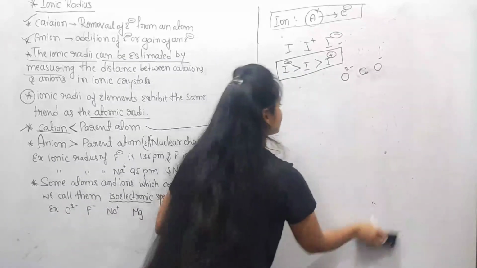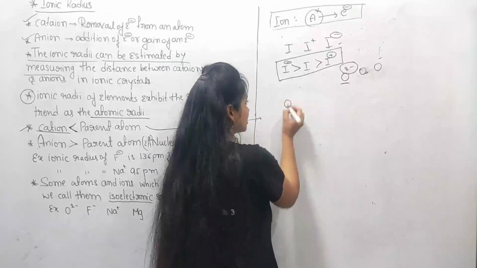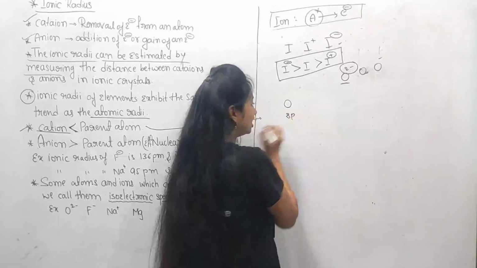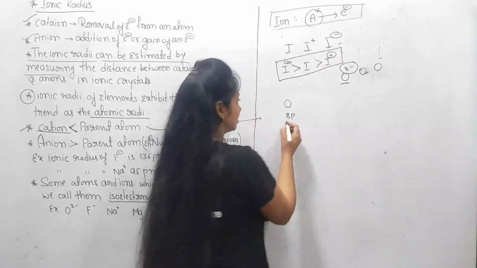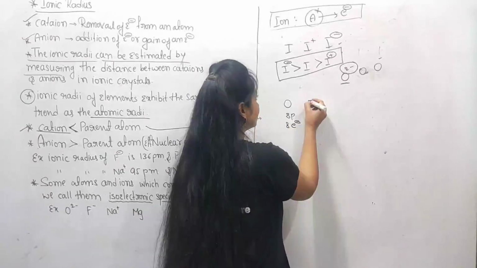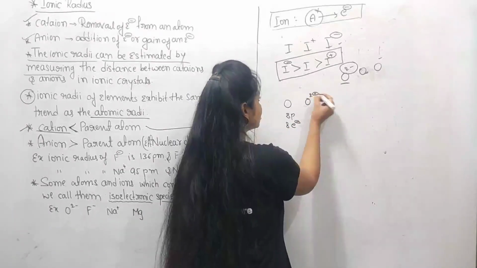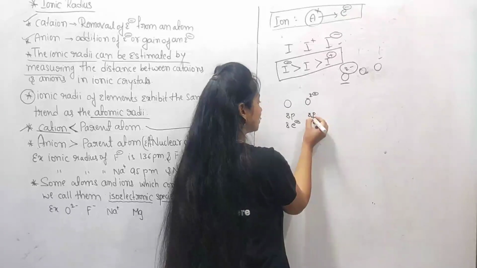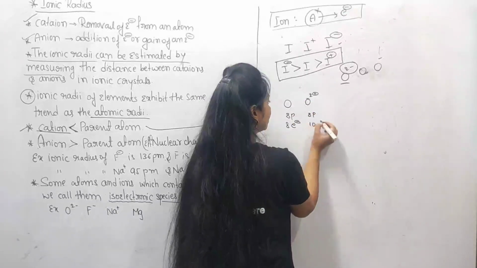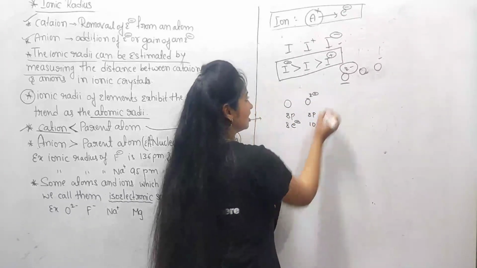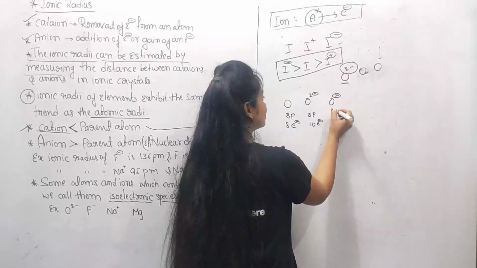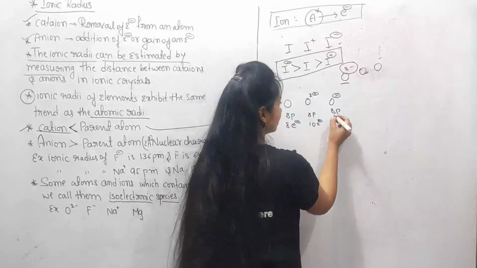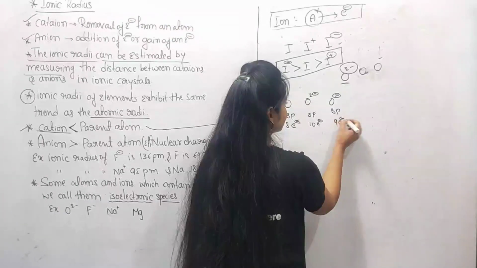Here I wish to explain this. In an oxygen atom, we have 8 protons and 8 electrons. In O2 minus, we have 8 protons but 10 electrons. In O minus, we also have 8 protons but 9 electrons.